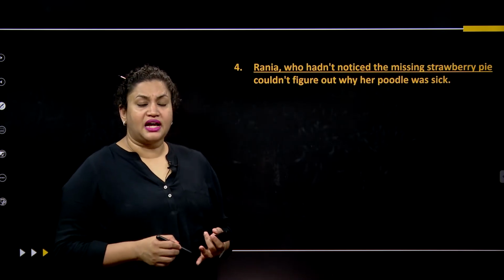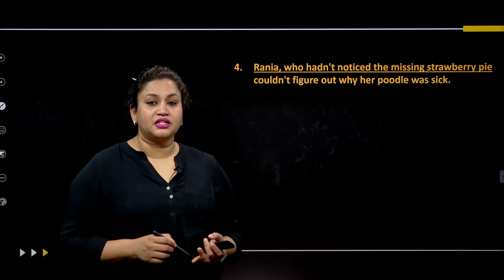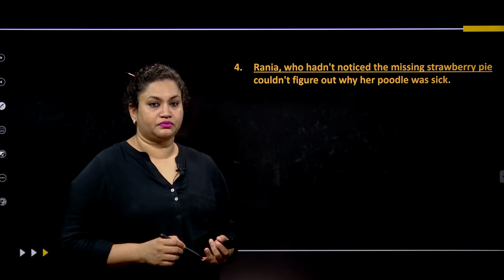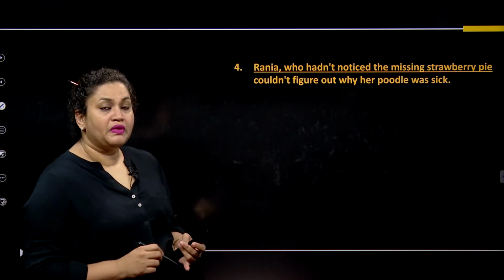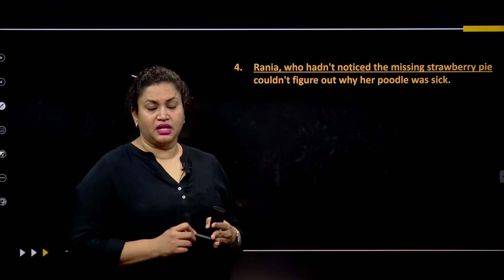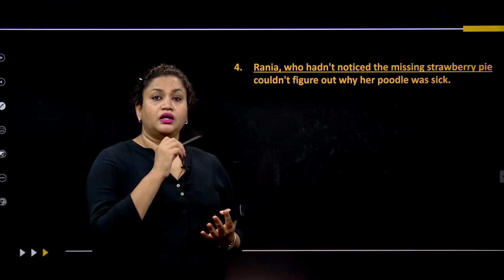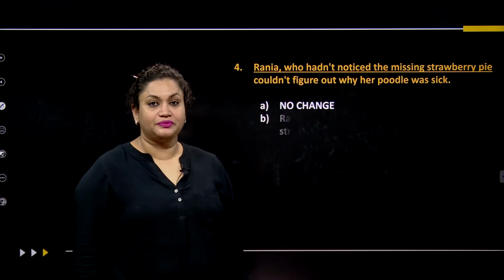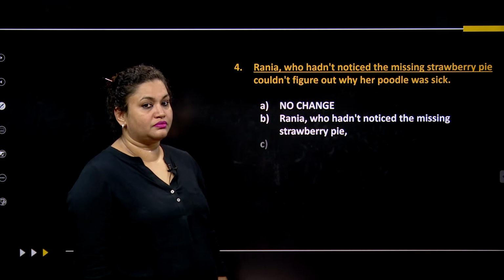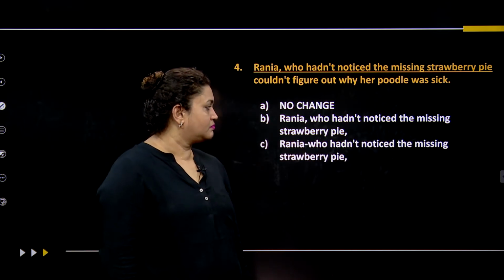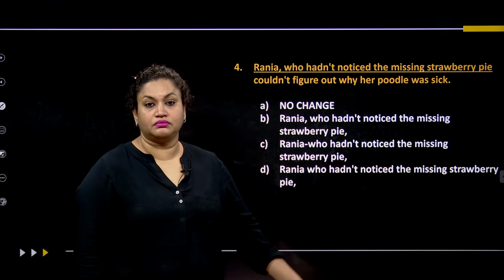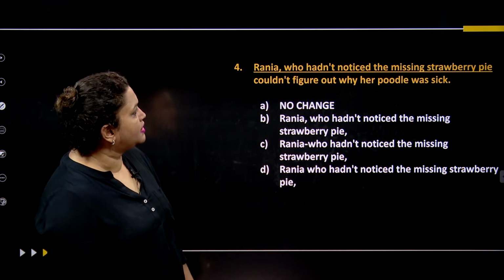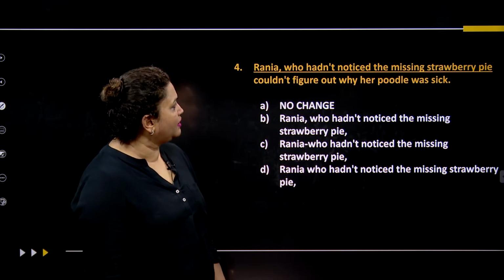Rania, who had not noticed the missing strawberry pie, could not figure out why her poodle was sick. Now, whenever we have the name and then we put a comma, then we use who, that means it is no change. Rania, who had not noticed the missing strawberry pie.